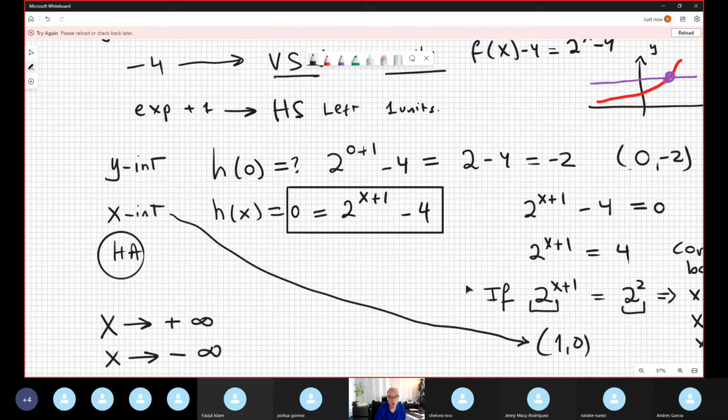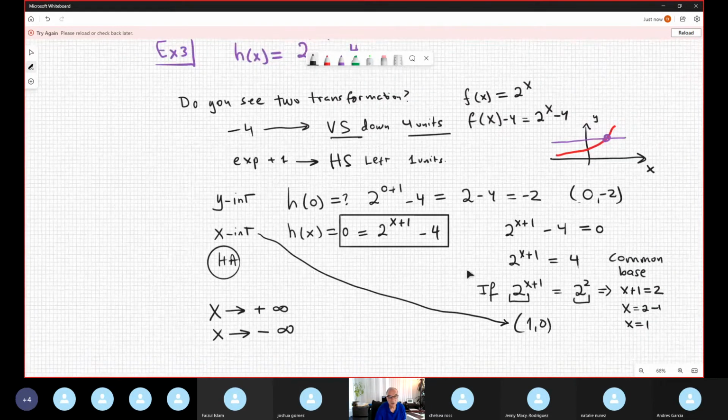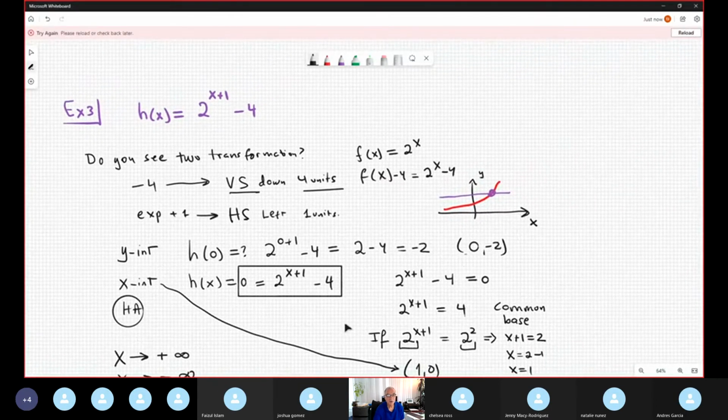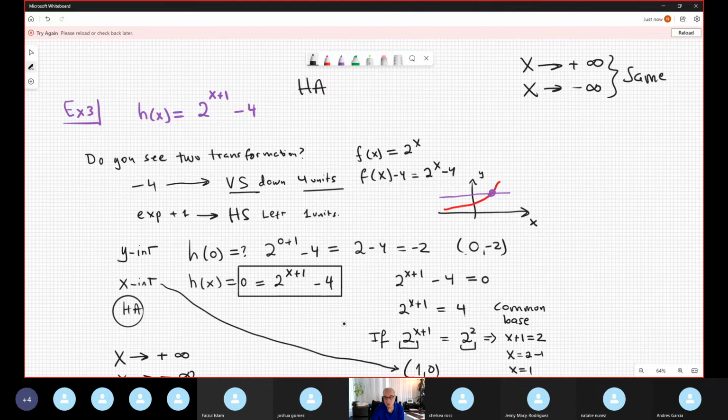In order to find the horizontal asymptote, remember, horizontal is like an end behavior. But the habit that we have in the rational function, the rational is special. In the rational function, the behavior at positive infinity and negative infinity is the same. But in this case, no, not necessarily the same.